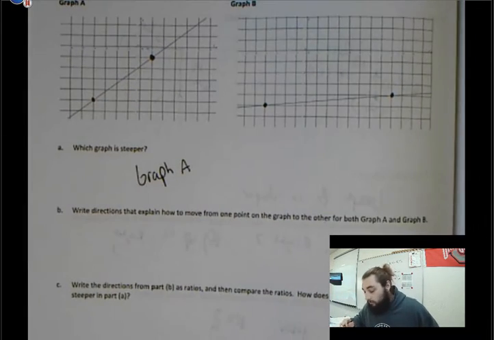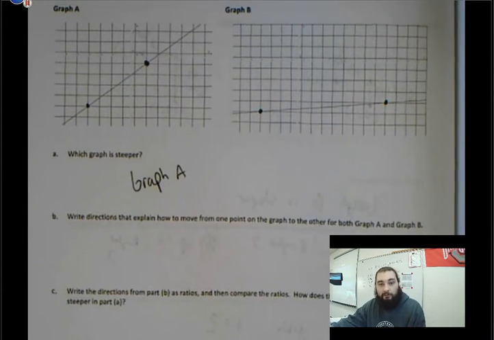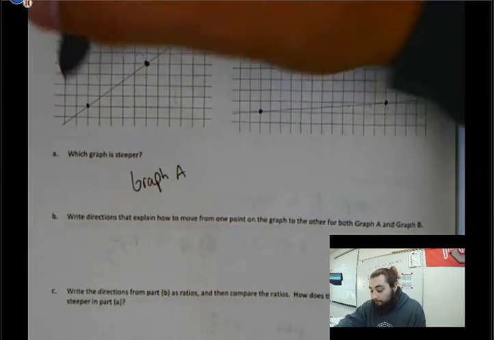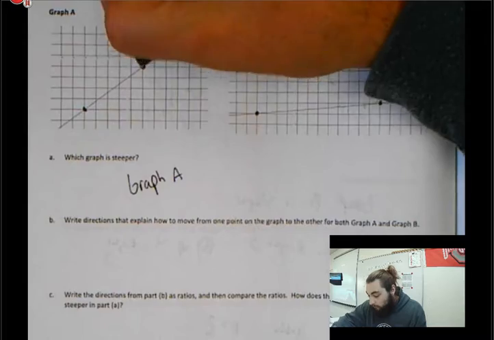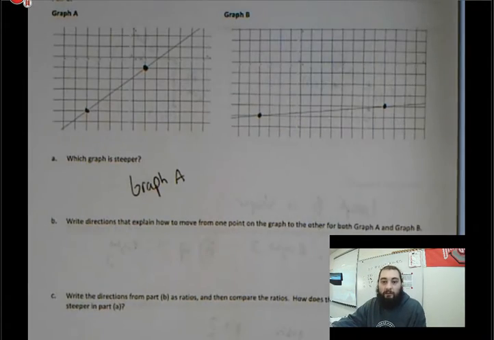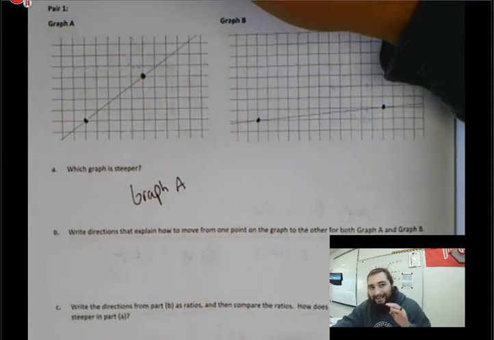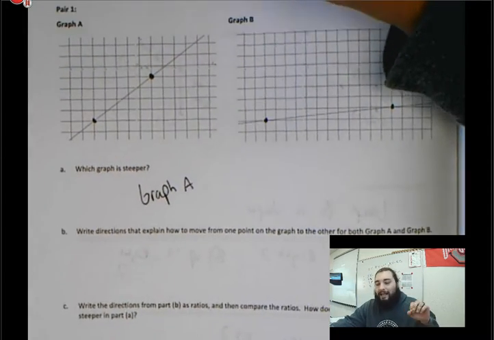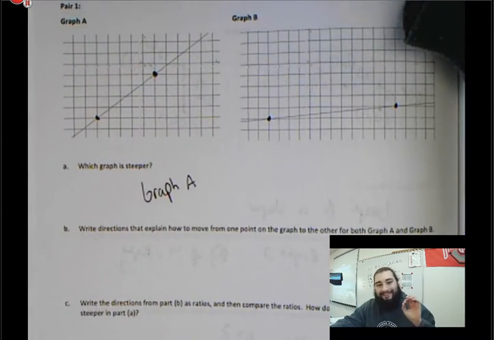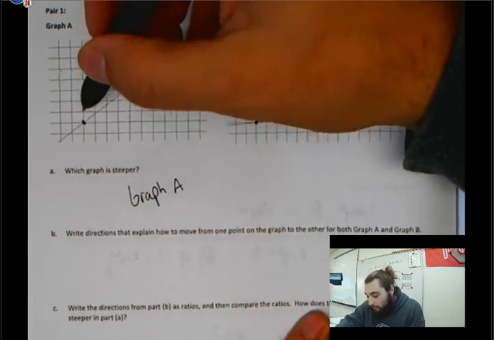Now they want to know what are the directions to get from one point to the next. So we're going to look at these two lines and determine how we go from this point here to this point here, and how we go from this point here to this point here, and compare the journey that is required. As we said in the last video, we're looking at rise over run, and that is the change in y divided by the change in x, or as a fraction, the change in y over the change in x.